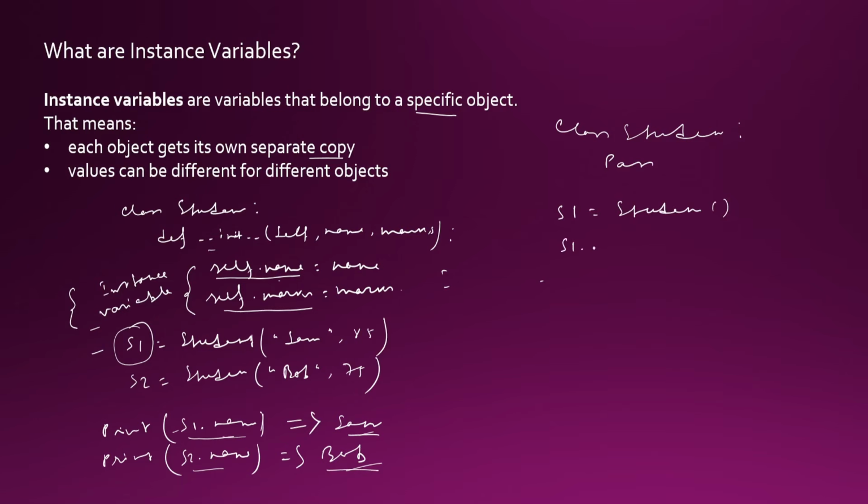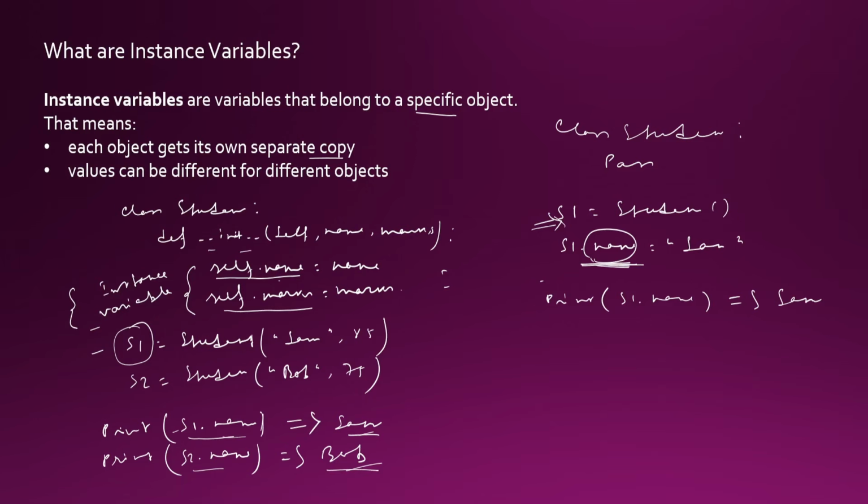If I write s1.name equal to Sam, and if I print s1.name, then it will give me the answer as Sam, right? This time this name belongs to this specific object. Now this name is called an instance variable. I am creating this variable outside my constructor, but as this belongs to this object, that is why it is called an instance variable. That means we can create instance variables within our constructor and even outside our constructor as well.